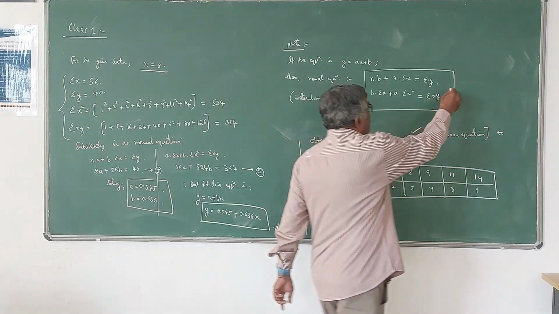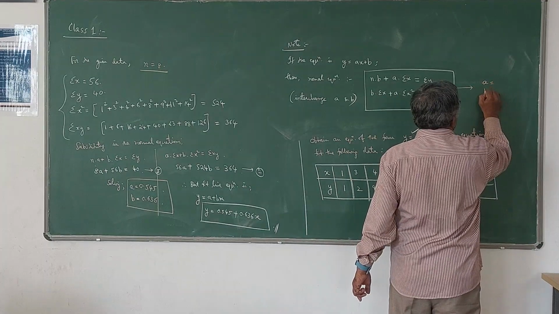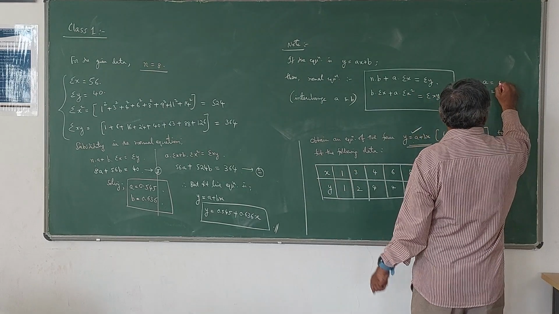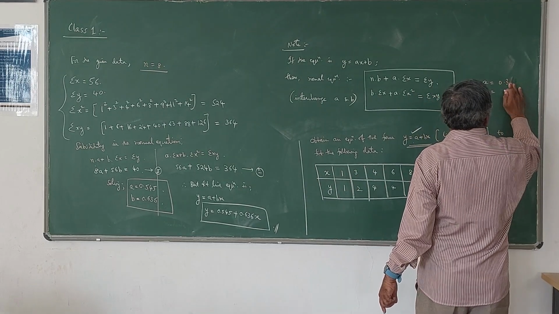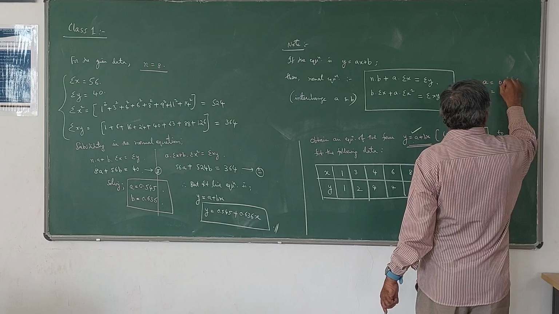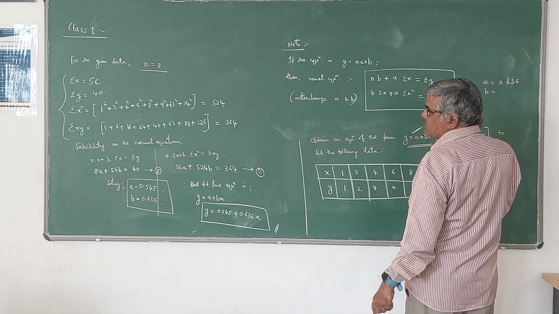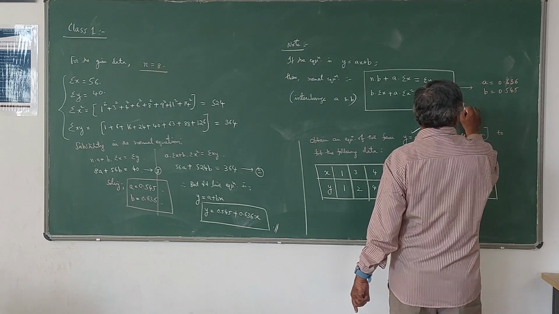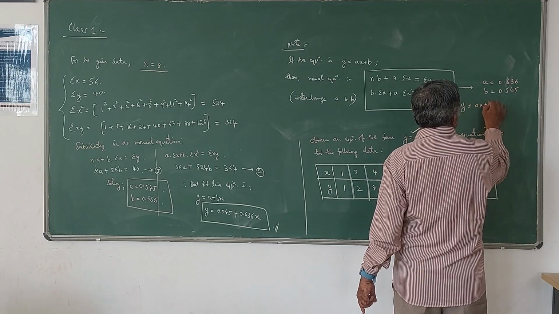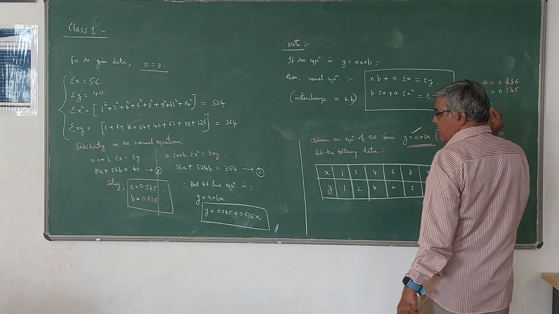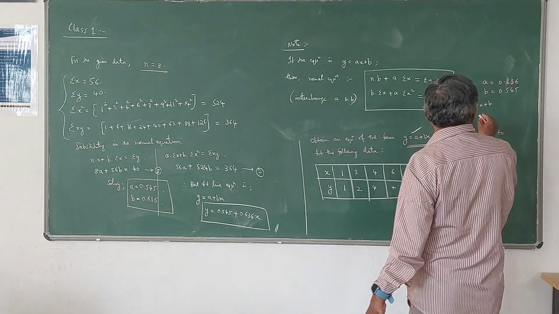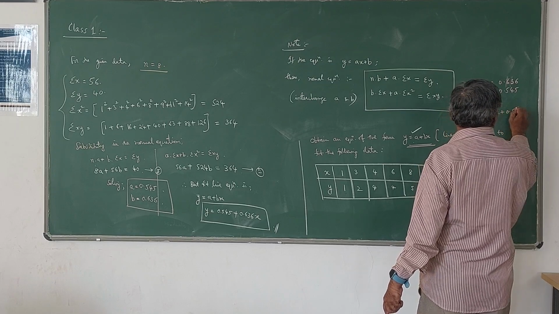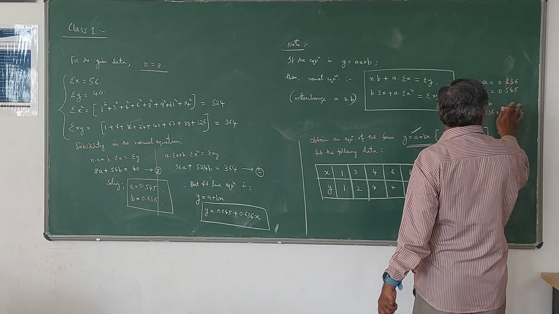So a and b values are interchanged: the a value becomes 0.636, and the b value becomes 0.545. Anyway, we get the same equation. Y is equal to ax plus b means it is the same: 0.636x plus 0.545.